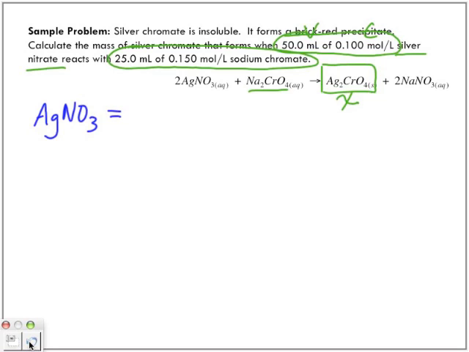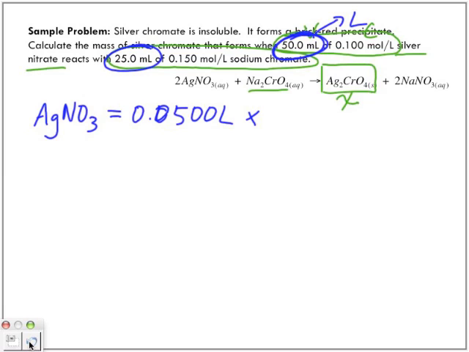So the silver nitrate, remember, milliliters for volume, make sure you convert them to liters. That's the first step. So we've converted the volume to 0.0500 liters.